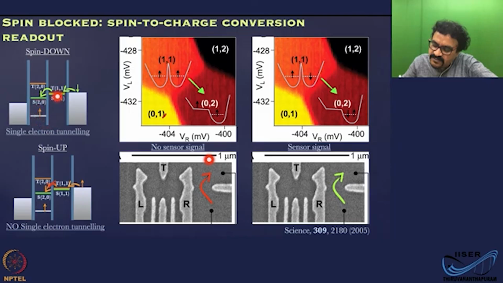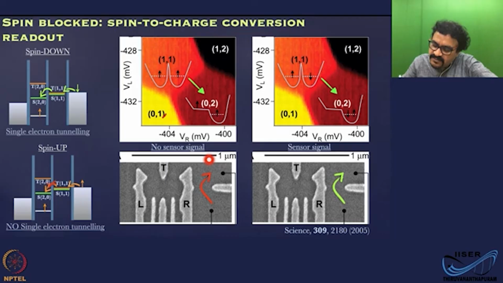If that spin is down and this spin is up, then that's a singlet state. If it has formed a singlet state, then it can tunnel back. It can form a 2-0 state or 0-2 state, depending upon which direction the current is flowing, which segment of the which shell, which honeycomb you're talking about.